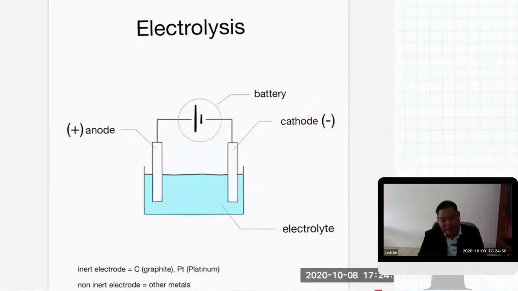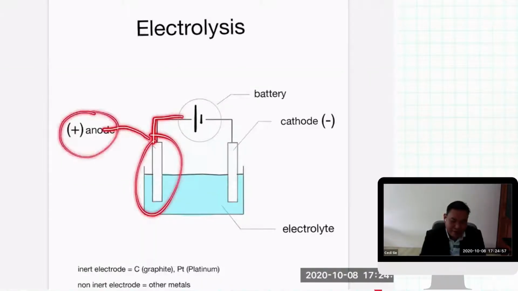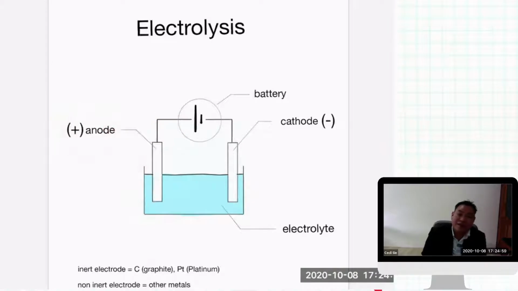The one that is connected to the positive side is called anode, and since it's connected to the positive side, anode is positively charged, which means it will attract negatively charged ion, right? And it has a tendency to take electron away from element or compound, or ions.